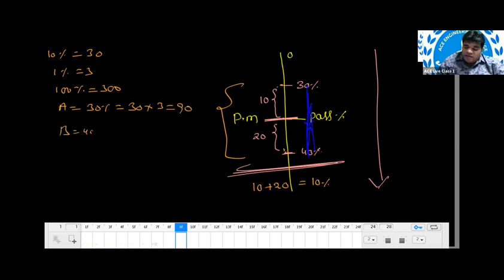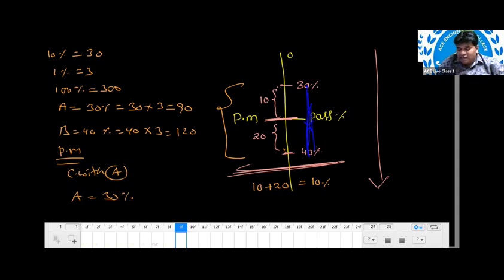B got 40%, so 40 into 3 is 120. For the pass marks, compare with A: 30 into 3 is 90, and he failed by 10. Is 10 added or subtracted? Added, because he is already a failed candidate. Don't subtract again. So plus 10, the answer is 100.